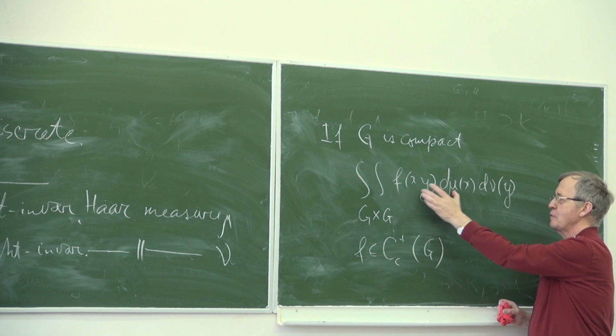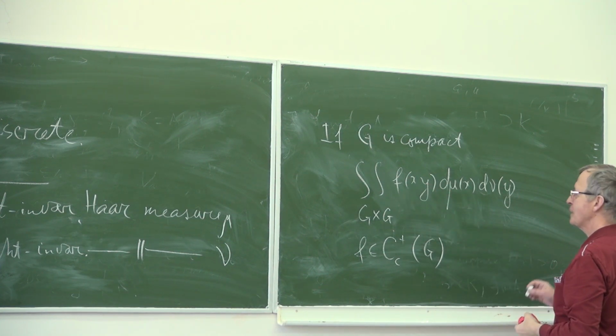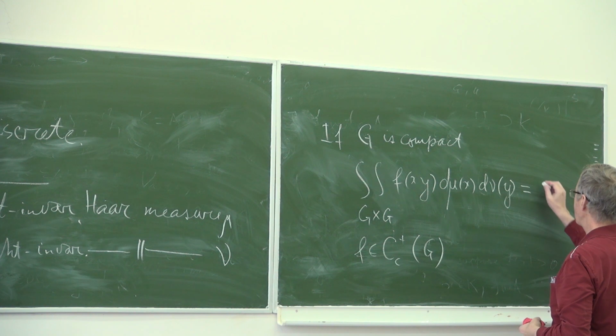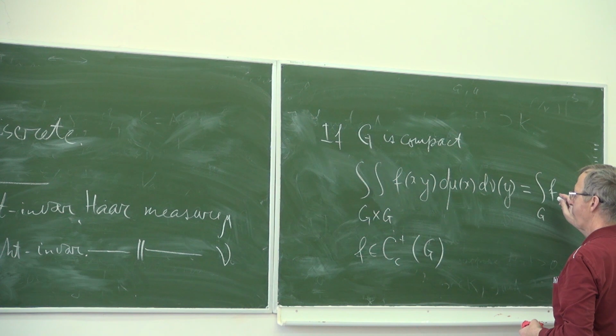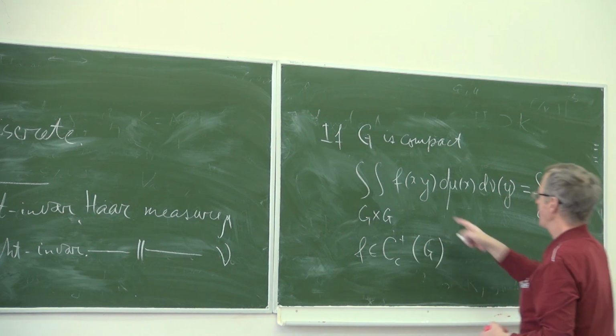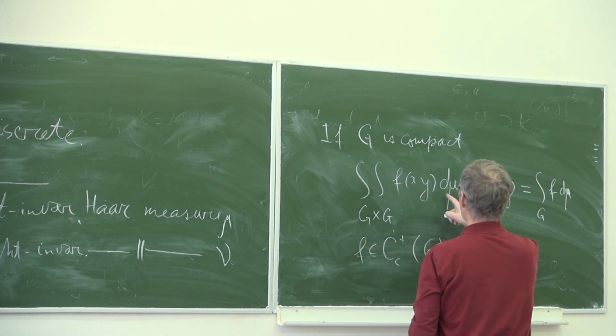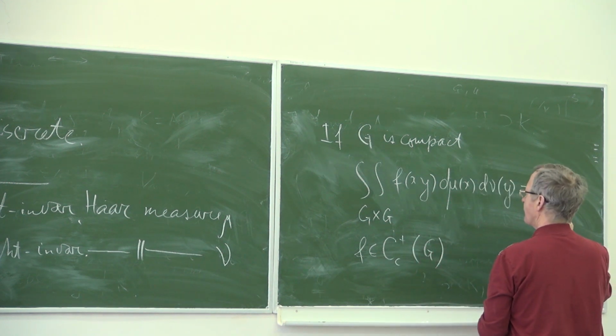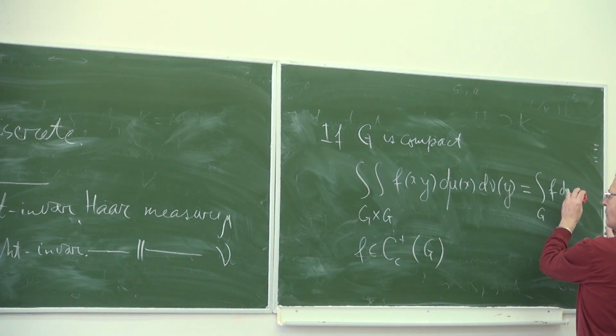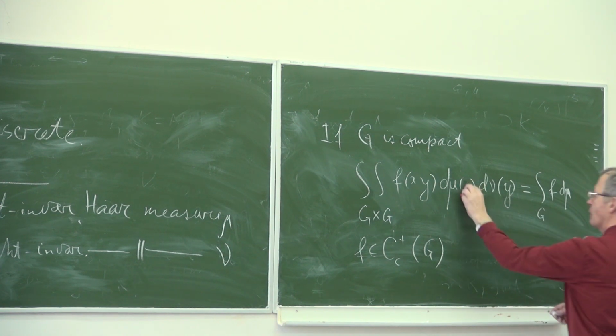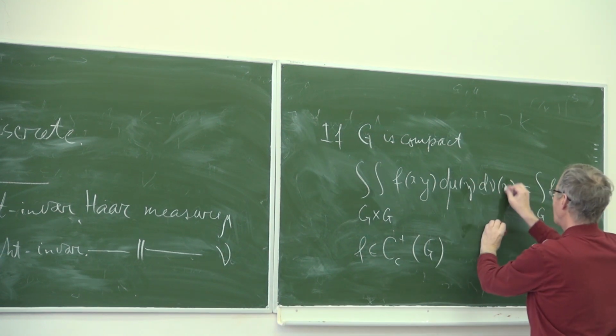Then, if we use that mu is left invariant, we simply obtain that this is equal to the integral over G of f d nu.